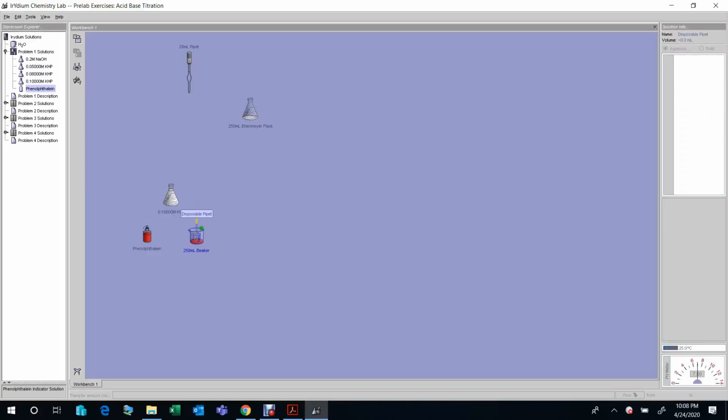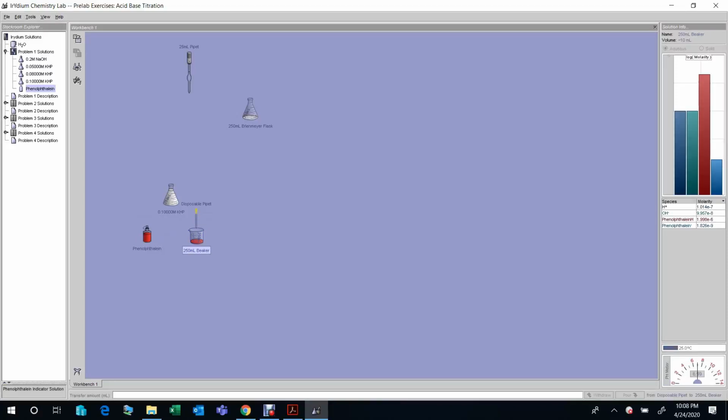You see, now this is green light, right? It means this can be done. And how much do we need? Normally for indicator, we only need 2 drops. 2 drops is very little. So here we can just put 0.01 milliliter, because we don't need much of the indicator.